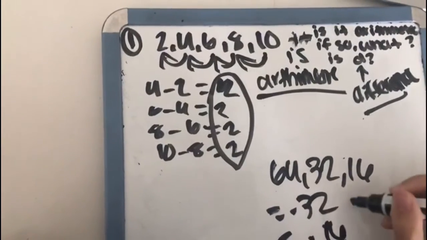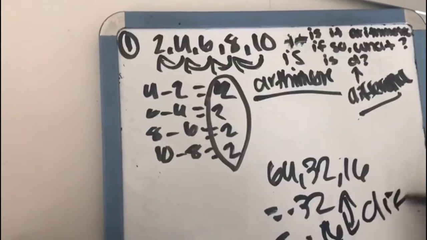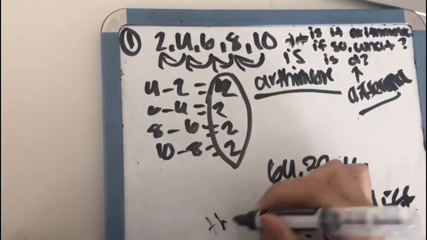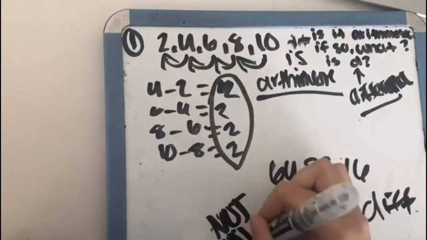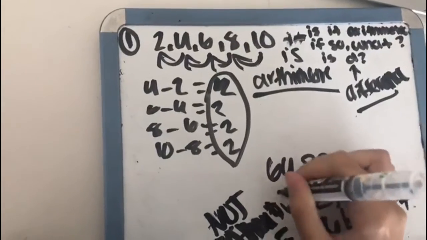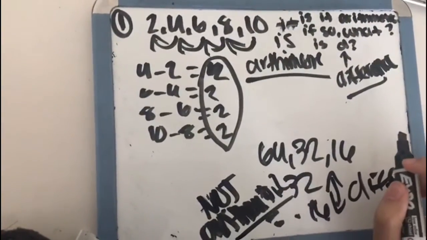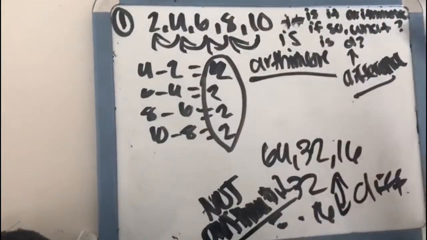So you see how they're both different numbers? That's why this is not arithmetic at all. This is why you need the same differences in order to make it arithmetic.